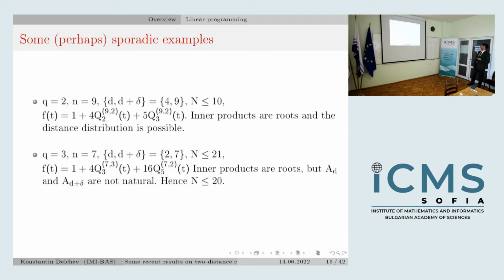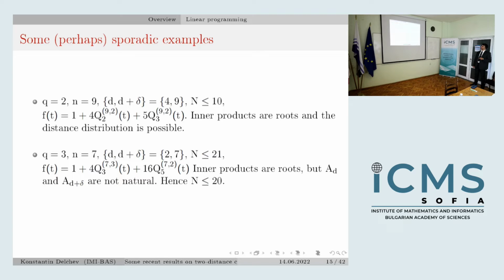N is less than 10. This is the solution that we see. However, the inner products are of course roots, but the distance distribution is also possible, so everything fits. We can't make further improvements.